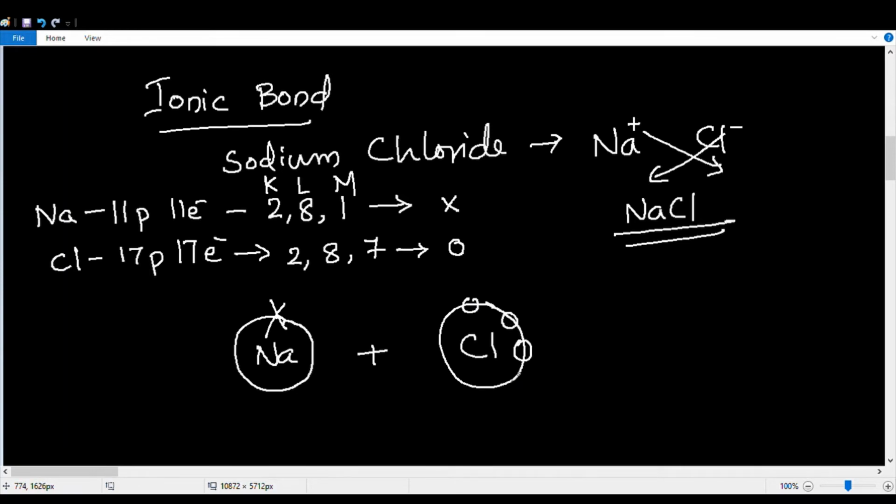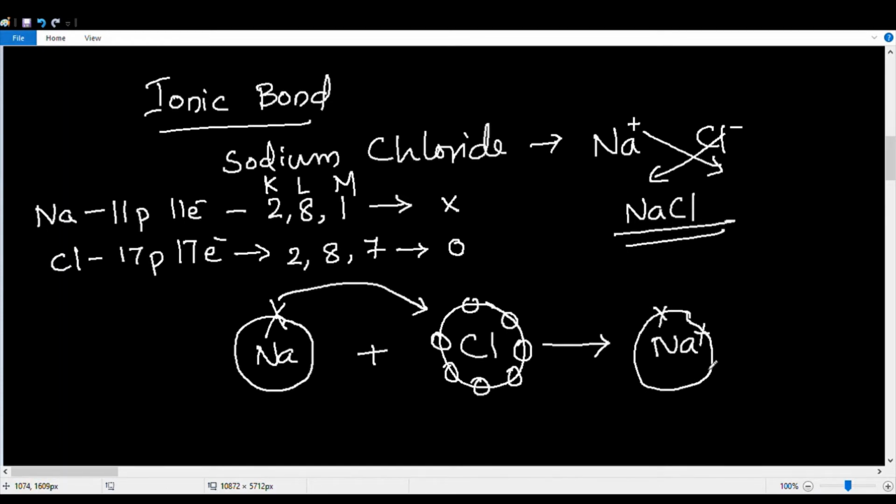When this electron moves to chlorine, sodium's outermost shell becomes 8 electrons, and it loses 1 electron, so it becomes +1 charge.